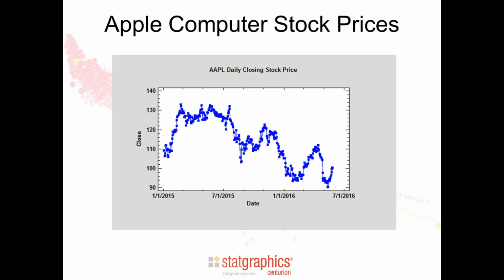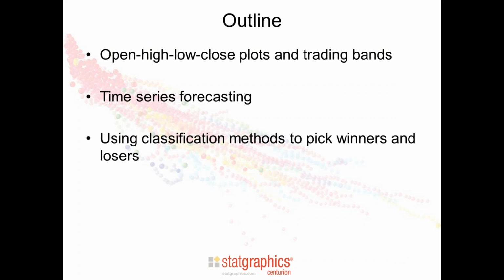So I thought it would be interesting to see what some of the procedures in Statgraphics would say about what's likely to happen to that particular stock. Now, the outline for my talk today, there are three things I'm going to be showing you.